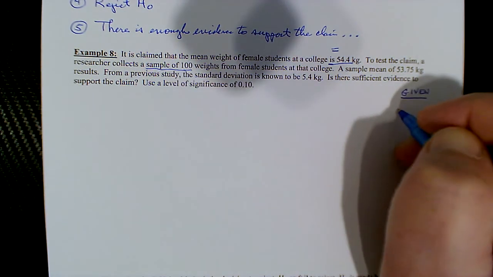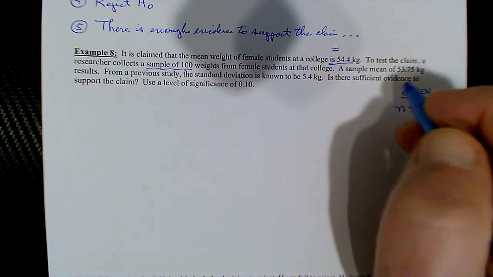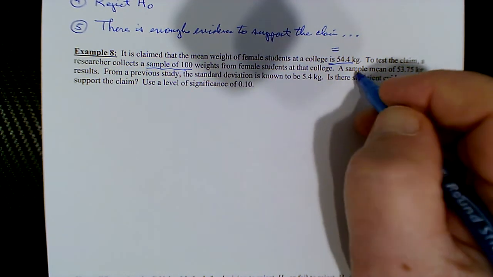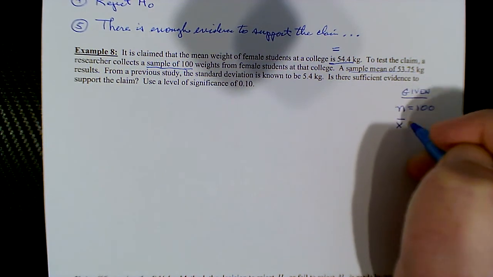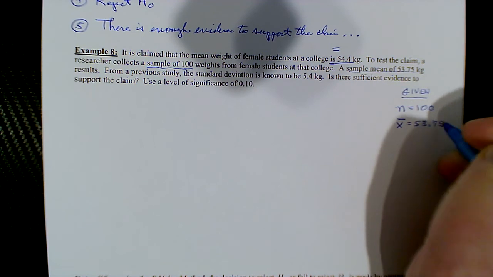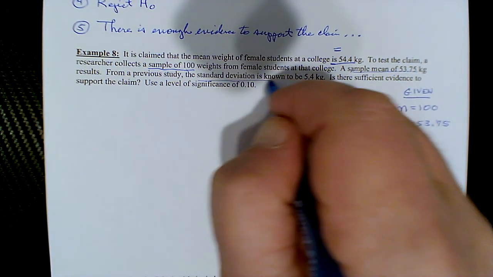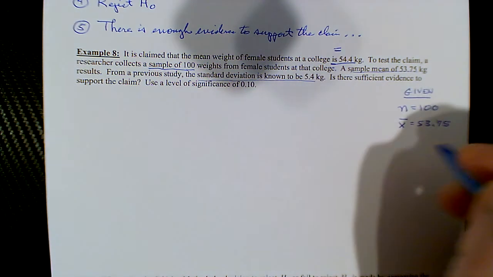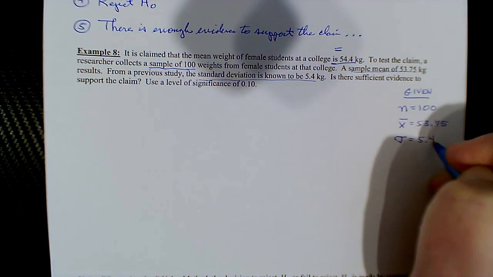Previous study, remember, is the population standard deviation, sigma, 5.4, and we can test the claim with a level of significance alpha of 0.10. Alright, so we know sigma, n is greater than or equal to 30, so we're going to use z.